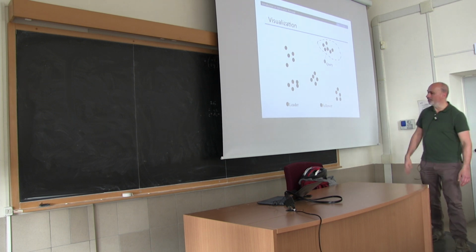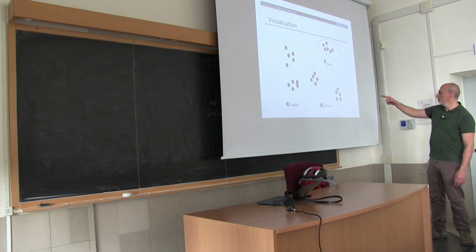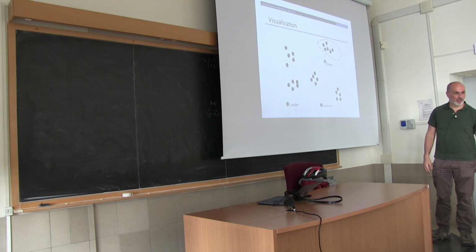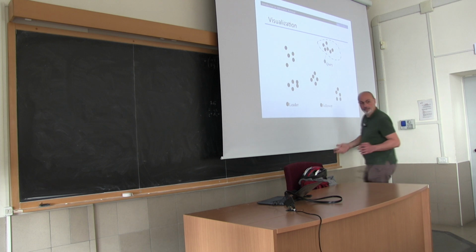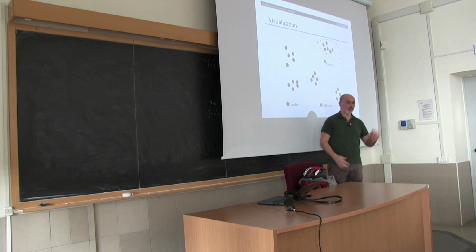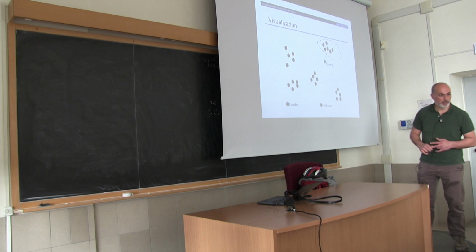I look at this and I see 1, 2, 3, 4, 5 clusters of points. If you want a computer to do the same, probably in this case it will be able to. But in general, there may be cases that are quite obvious to the human eye, but very hard for a machine to discern. It's a complicated problem.